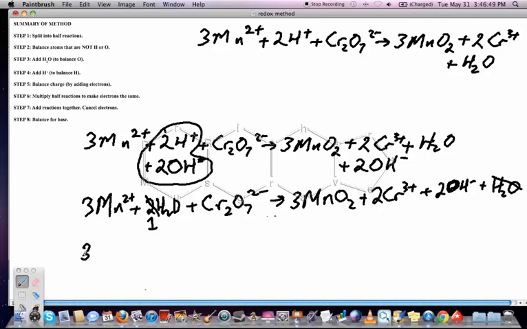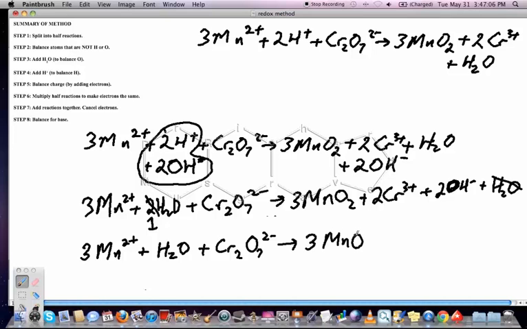So my final reaction balanced for base will look like this. And I can check this and make sure that the charges do indeed balance and everything else balances.